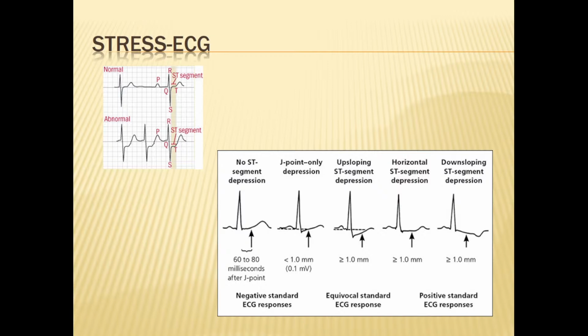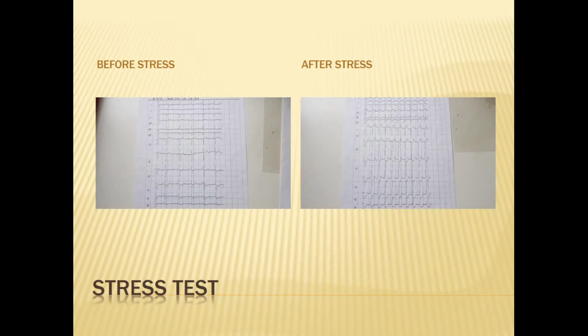Upsloping ST segment depression is questionable, because it can appear even in a person without angina. Only if it is significant, more than 1 millimeter, 0.08 seconds after the J point, do we classify it as abnormal. So the type and depth of ST segment depression after stress is also significant.